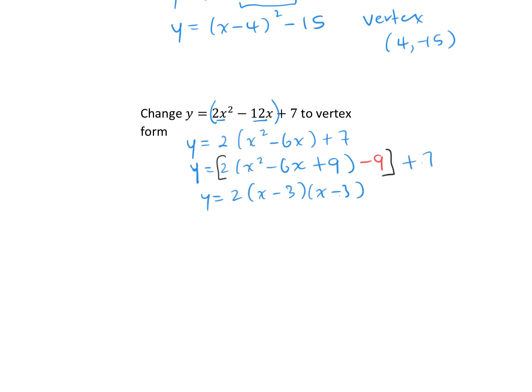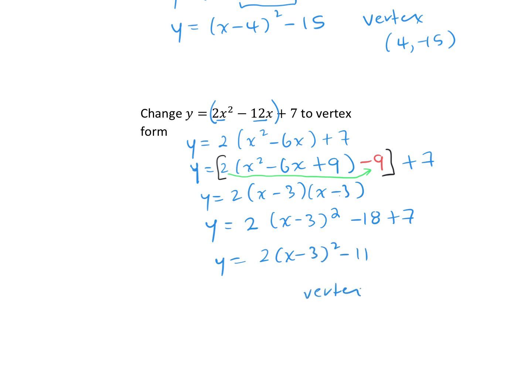And I still got this plus 7, because if I factor that 2 out, I then have to multiply by the -9 when I simplify. So we've got 2, we've got (x minus 3) twice, we've got 2 times -9 is -18, and then plus 7. And so my vertex is (3, -11).